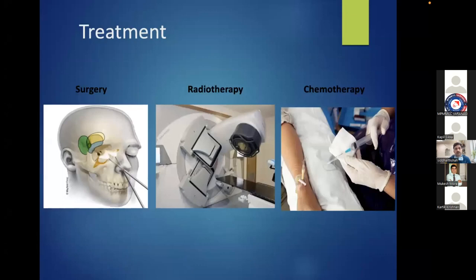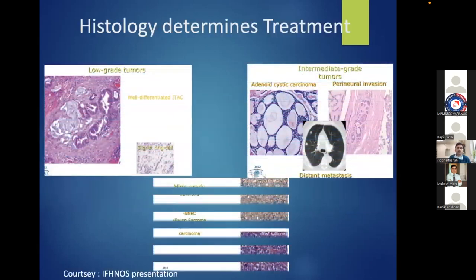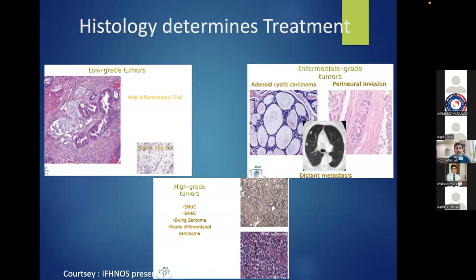In a nutshell, treatment is surgery, radiation or chemotherapy. By and large, all these tumors are primarily managed with surgery playing a major role, except for a few select groups of tumors where chemoradiation or neoadjuvant chemotherapy precedes the definitive therapy. Histology determines the treatment, and low-grade tumors like well-differentiated adenocarcinomas, intestinal type, are primarily managed by surgery alone.